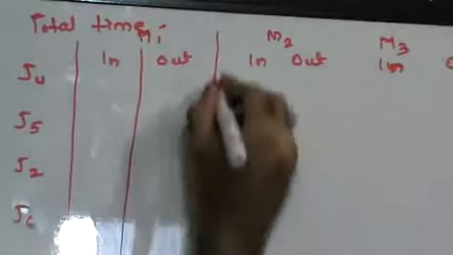So you can use any of the alternatives, right? Out of the 2 alternatives, any one. For all the alternatives, I'll end up getting the same answer. Take one machine at a time and solve this.